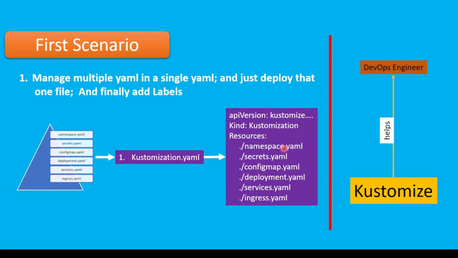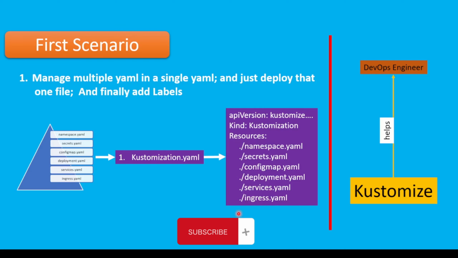That means when you run your customization.yaml, it will basically help you to run all your required YAML files that are needed for your application to run. In this example, it will execute your first namespace.yaml and then secrets. It always follows the top to down order.